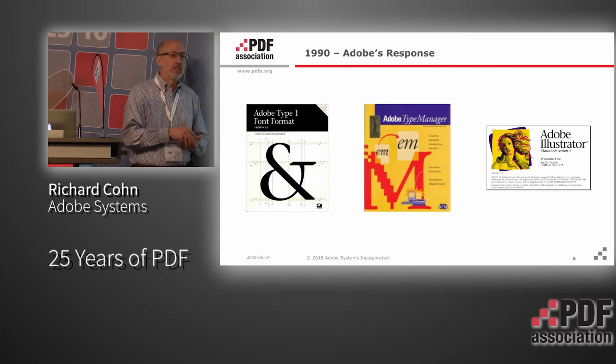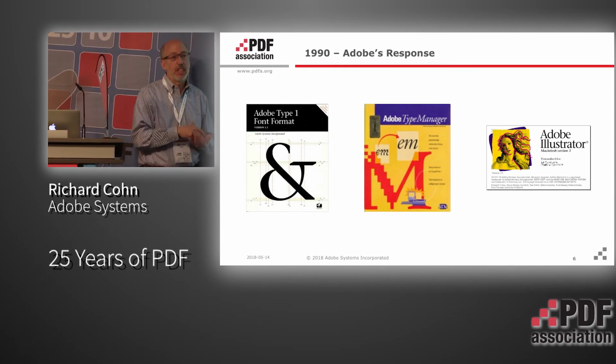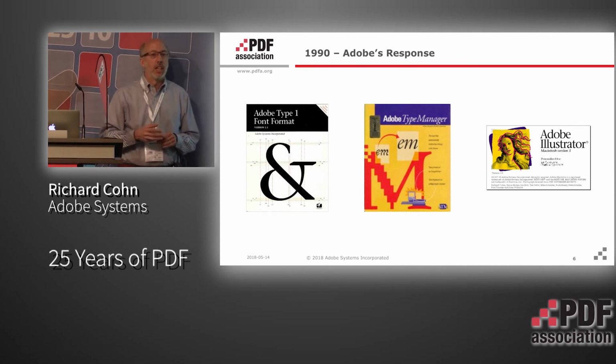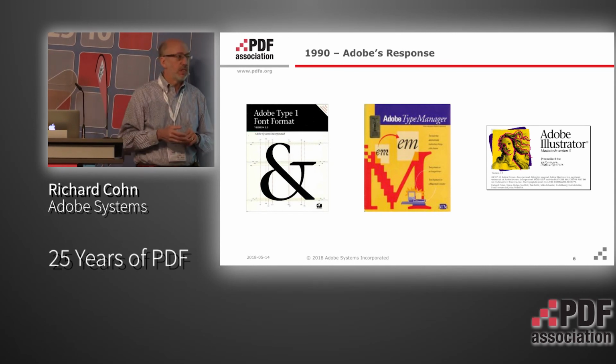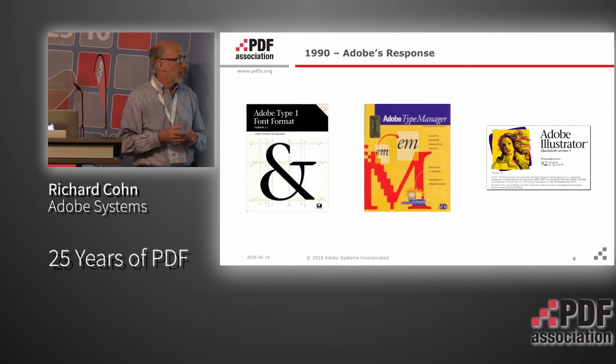And so for the first time on Mac and Windows, users could have the same fonts, the same scalable type on their screen as they could when they printed. And we got this started long after TrueType was in development, but got this out sooner than either Apple or Microsoft got their TrueType technology out.